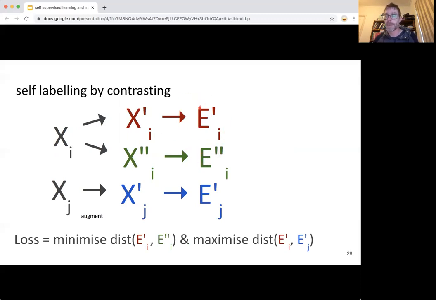And because this encoded space is much, much lower dimensional, when we're training on it for another task, we can get away with a much smaller model. Now, it's all very much based on and conditioned on what sort of augmentation you're doing here.